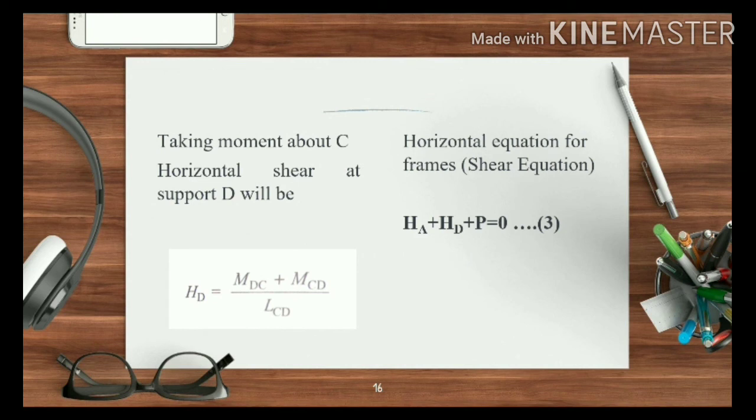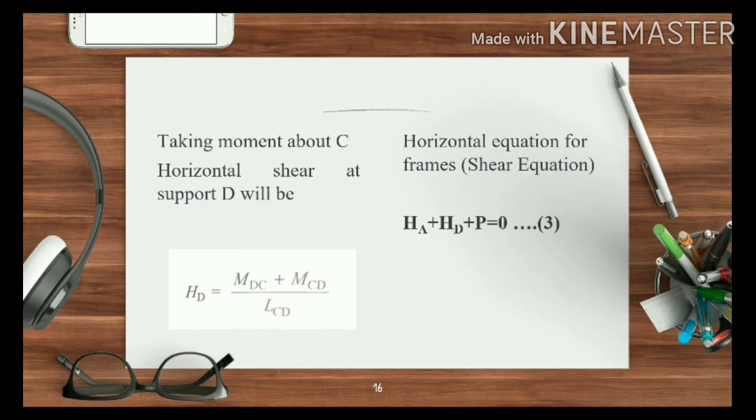So here we get HA in terms of MAB, MBA and P, and HD in terms of MCD and MDC. Substitute the values of HA and HD in terms of these moments, and P is a known value, given in the problem. By substituting the slope deflection equation values of MAB, MBA, MCD and MDC, we will get the third equation in terms of unknowns theta B, theta C and delta.